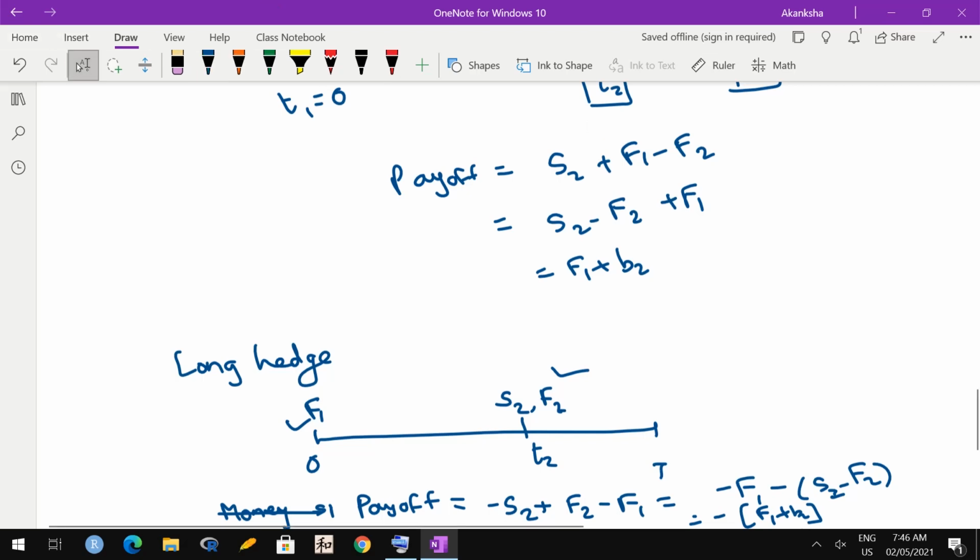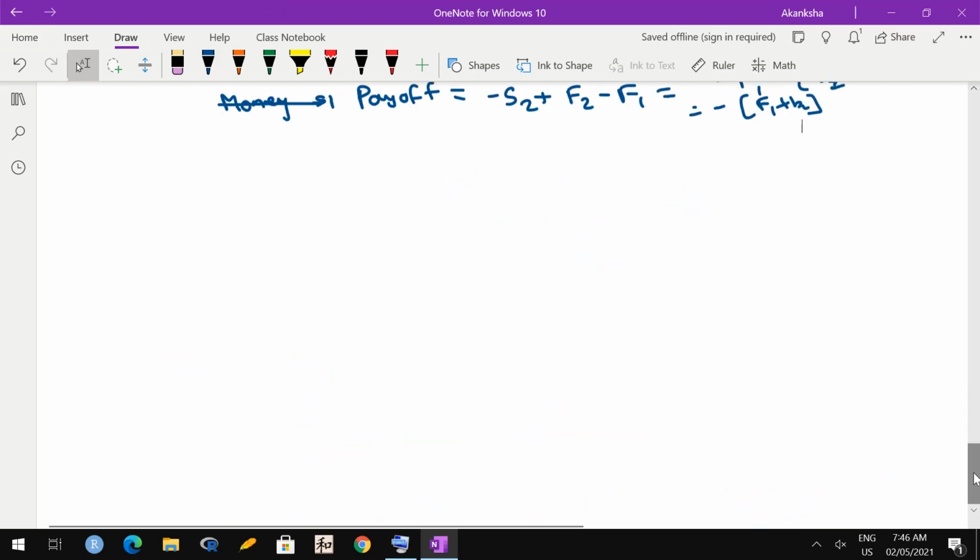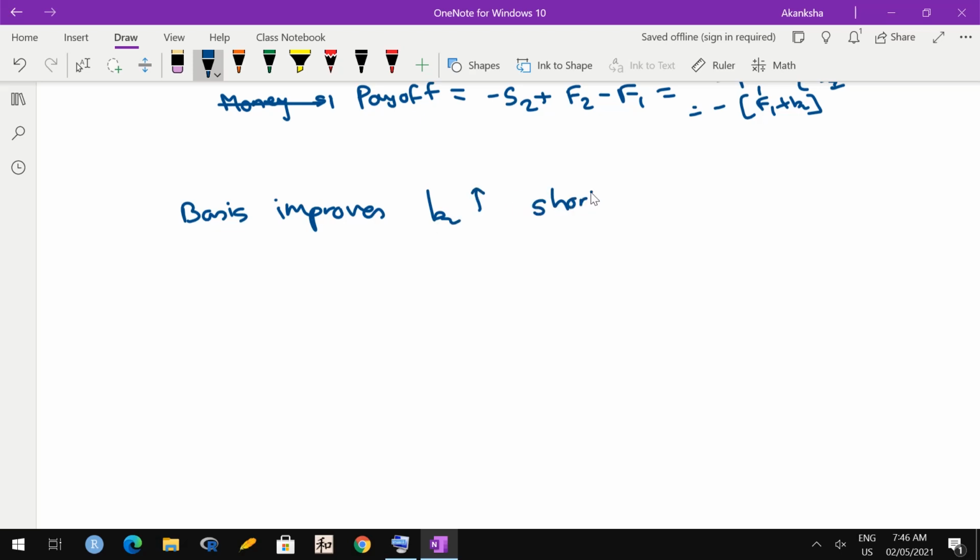Is it okay? So what does it mean? It means that a person in a long hedge and a short hedge would have opposite payoffs. That is expected. What does it mean in terms of basis risk? If basis improves, meaning if B2 increases, then for a person in a short hedge it's a good thing because the payoff is B2 plus something.